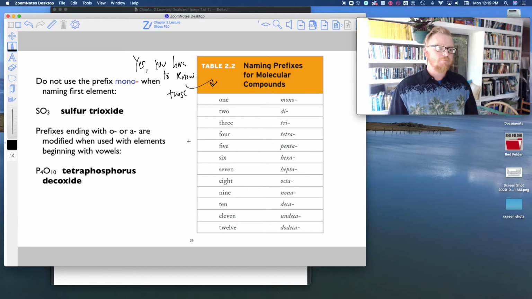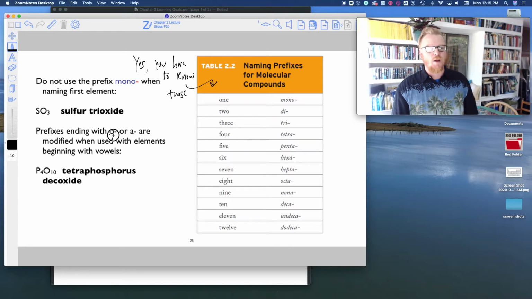So prefixes ending with O or A are modified when used with elements beginning with vowels. So for example, we note that deca is D-E-C-A, but what about when used with oxide? It's not decaoxide, it's just decoxide. Or same with the carbon monoxide. It wasn't monooxide, it was just monoxide.